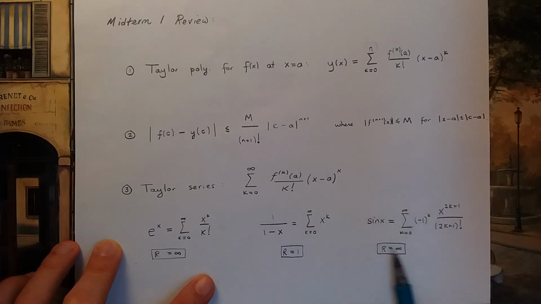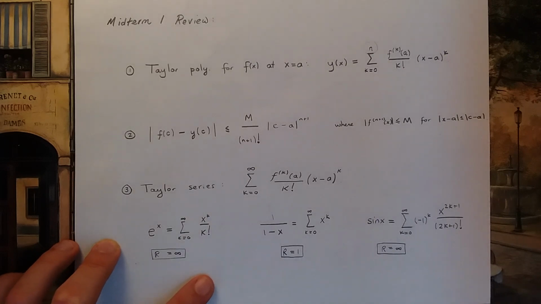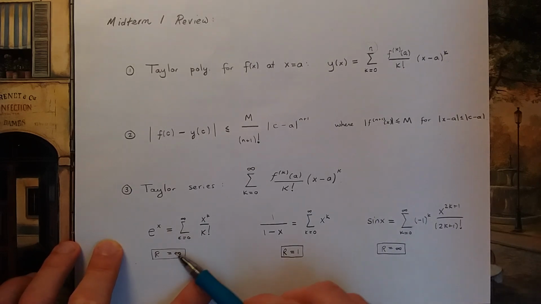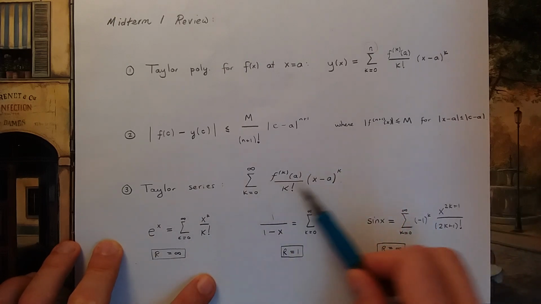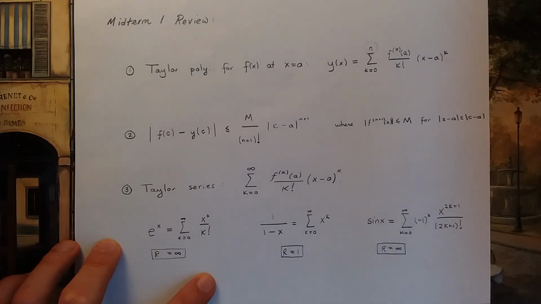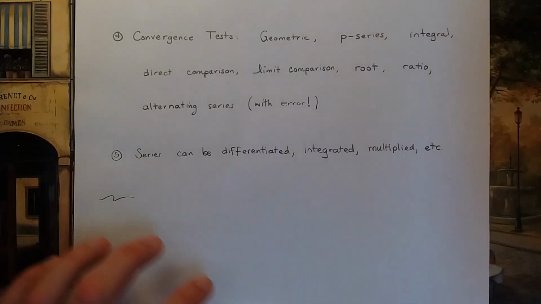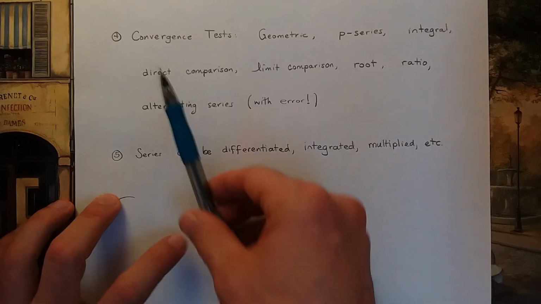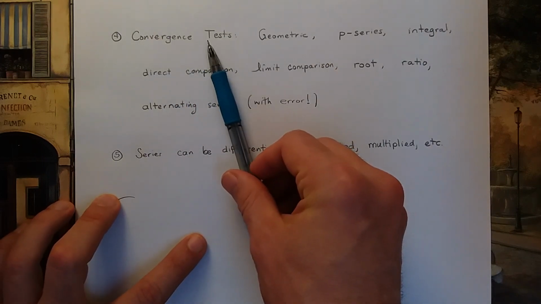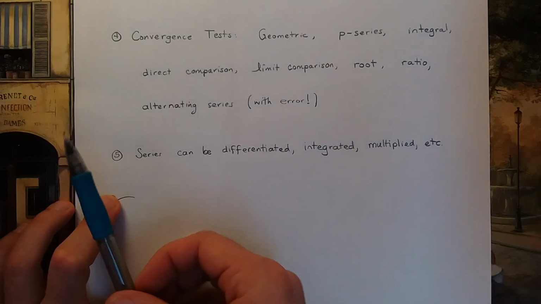And here, the radius of convergence for sine x is infinity. How do you find these radii of convergence? How do you decide if a series converges or not? That's when we talked about all of our convergence tests. So we had a bunch of convergence tests, a bunch of ways to see if your series converges.